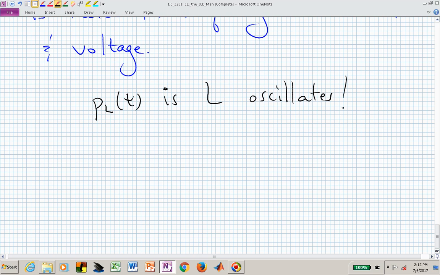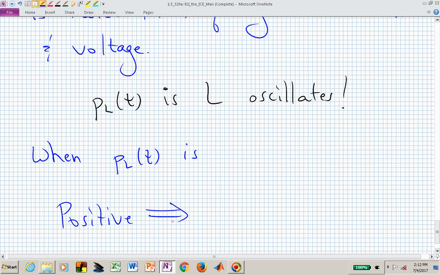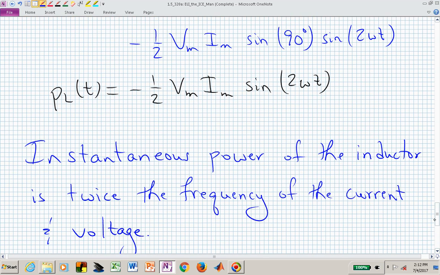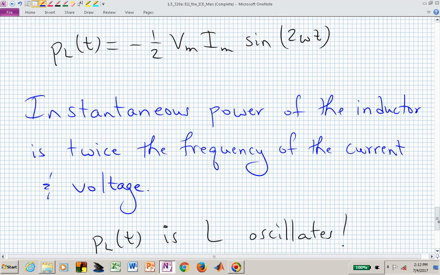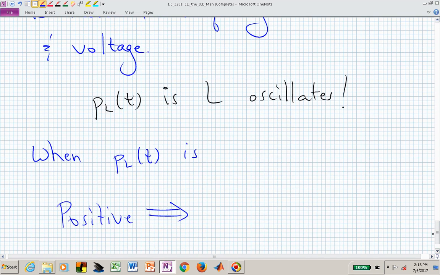We could now say that when P sub L of t is positive, and there will be instances in time where it is, because it's oscillating around 0, the energy in that inductor is stored in the magnetic field.